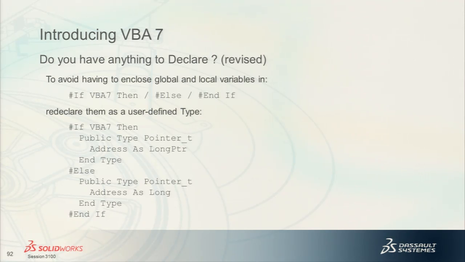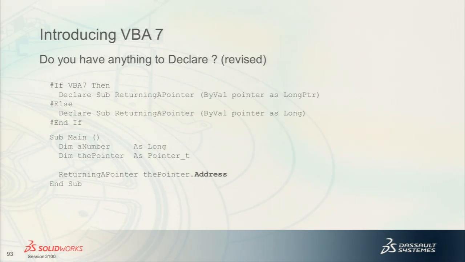So if you now look at your code, it looks slightly better, right? I still need it for my declares, etc. But for my data, I only have to make this change once. There are no #If, #Then blocks around this anymore. And I just pass that one member back and forth. So just to clean up the code a bit, because it becomes very, very messy and hard to read if your code is cluttered with these if-thens everywhere.